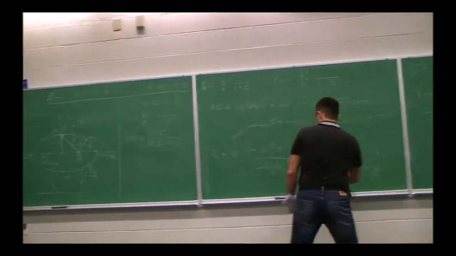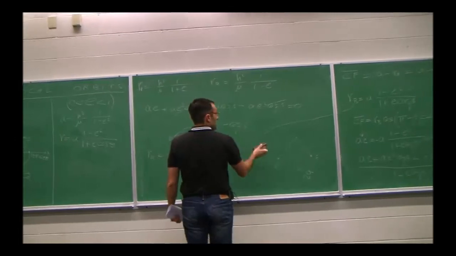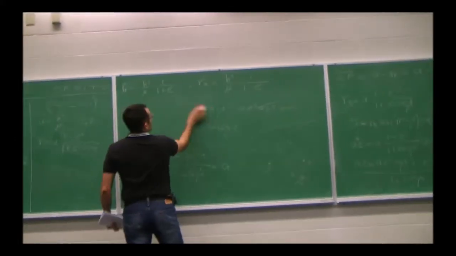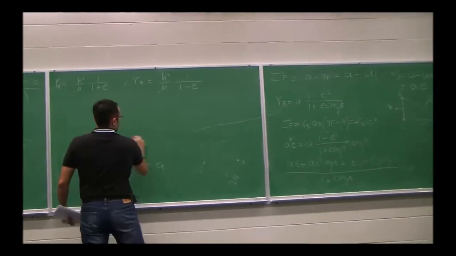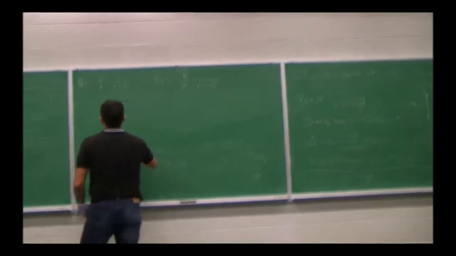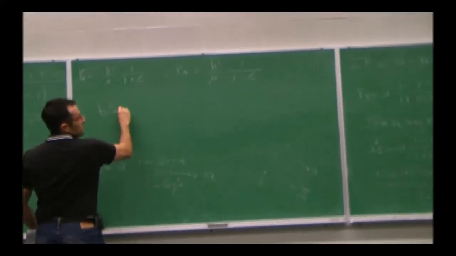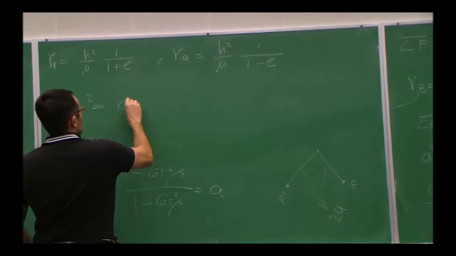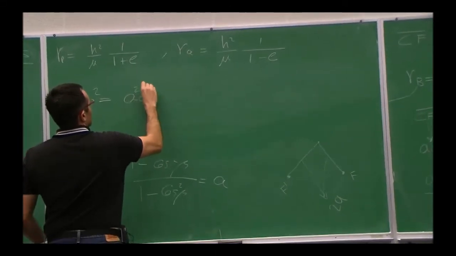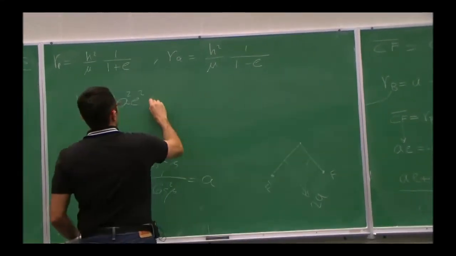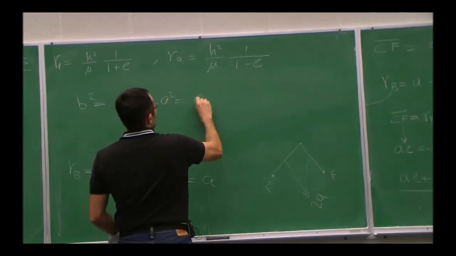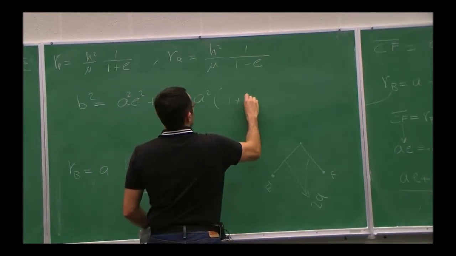I have semi-major axis. I have this expression as a function of semi-major axis. I have B. Well, I don't have it yet, but I can do it. From that triangle, I know that RB is A, so that should be pretty straightforward at this point, because B squared is equal to CF squared, which is AE squared, plus A squared, which means that this is A squared (1 plus E squared).